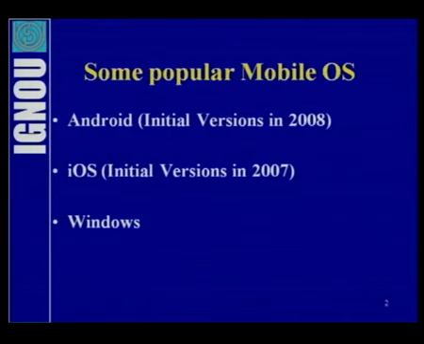All of you must be well versed with the Android mobile operating system, because most mobiles use it. It is open source, and you get updates and everything onto your mobile over the air.